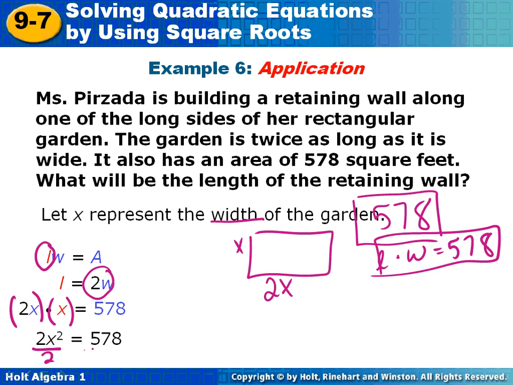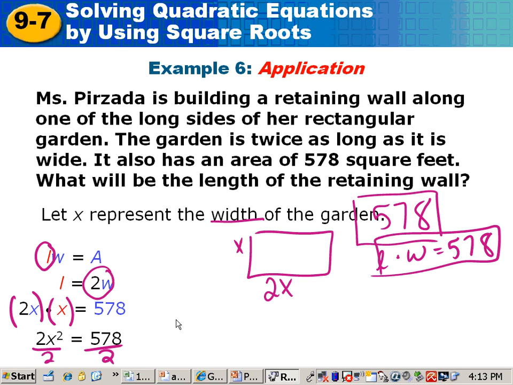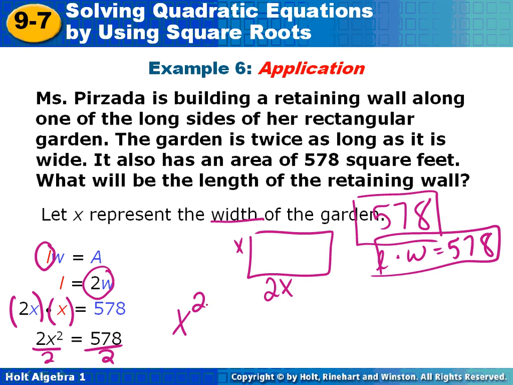Then I'm going to divide both sides by 2. And that gives me x squared equals 289. And now I need to take the square root of each side. And that gives me x equals plus or minus 17.